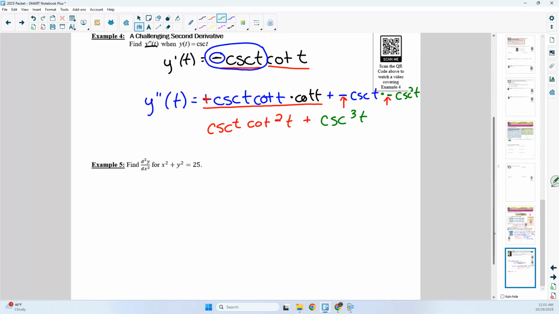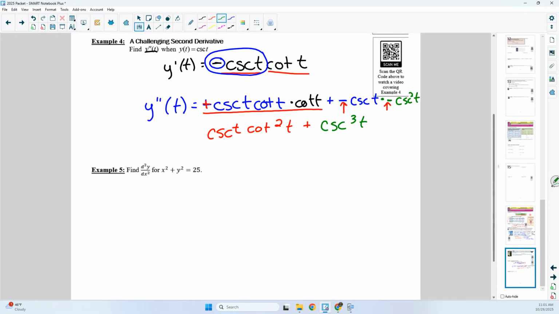Moving on to the last problem, this is a little bit of second derivative work with implicit differentiation. So I need to get to the second derivative, so we're going to take the first derivative first. So I get 2x plus 2y dy dx equals 0. From there, I'm going to solve for dy dx.